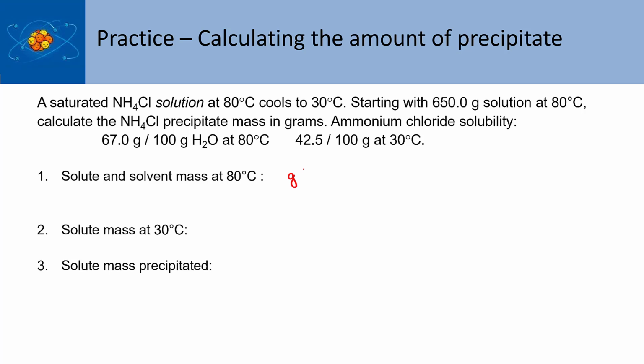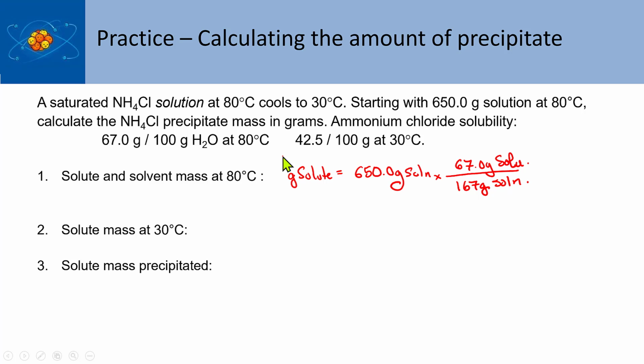So grams of solute, I'll start with what I'm given, 650.0 grams. And like we did before with the solubility limit in earlier problems, we set up a ratio. This is grams of solution. And so I can calculate the grams of solute by saying 67.0 grams of solute for every 167 grams of solution.